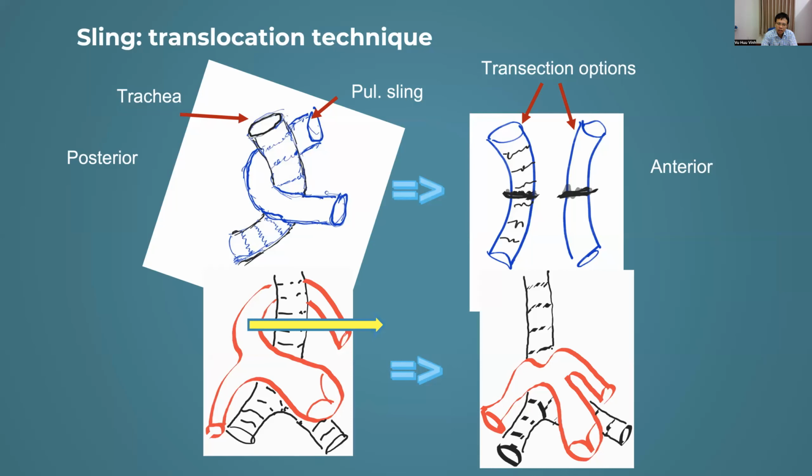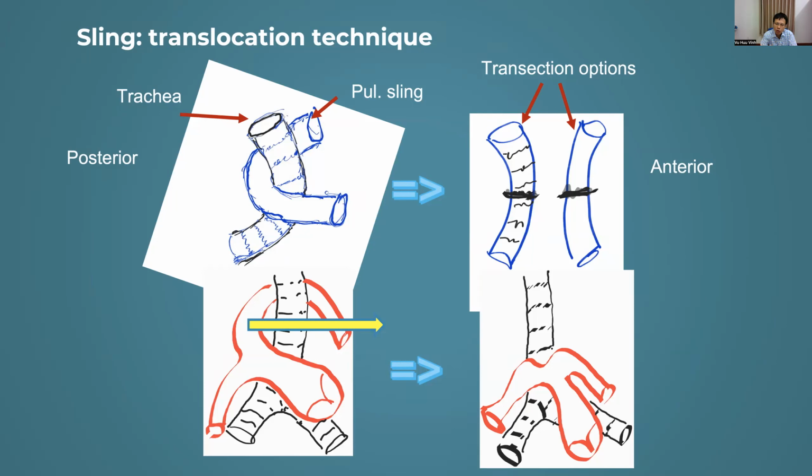The nature of this anomaly is a twisting between the pulmonary artery and trachea on the left side. To solve the problem, we should separate them and bring the pulmonary artery anteriorly and the trachea posteriorly. So we have two options, to transect either the trachea or the pulmonary artery sling.